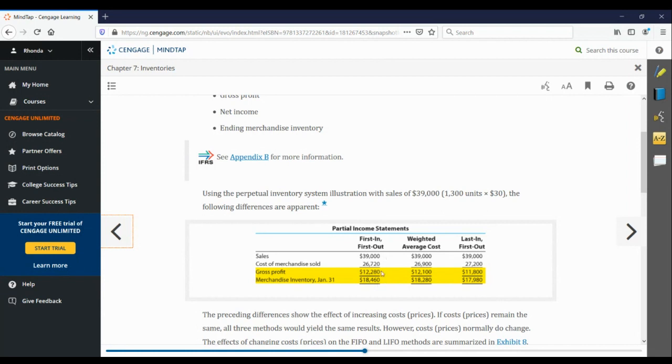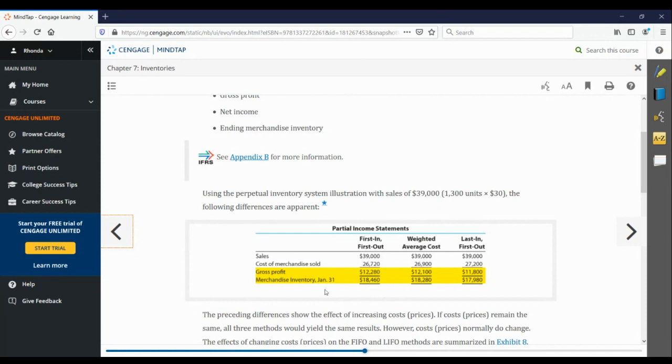Now, something I want to point out that I think is a little bit confusing about the way the book has this table set up is that there are two statements represented here, the income statement and the balance sheet. Right here where they've got double rules, that represents the income statement portion of this problem and how the first in, first out method would affect the income statement.